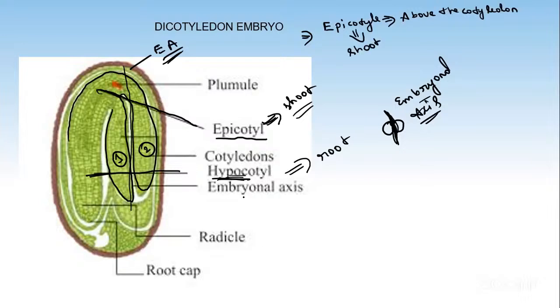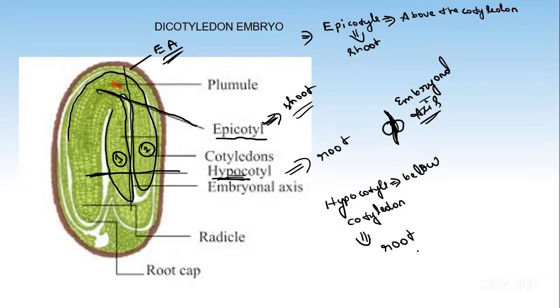Then the hypocotyl is below the cotyledon, and this will give rise to the root. Then you have seen that the center part is called the embryonal axis.